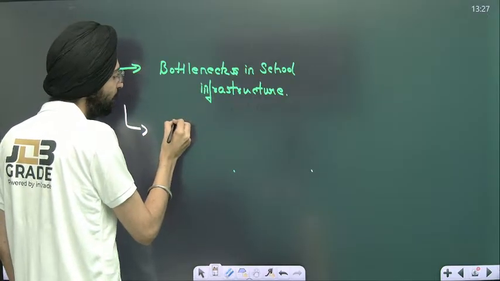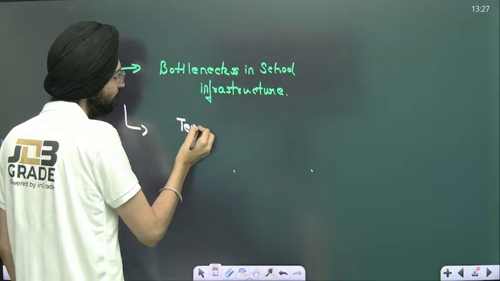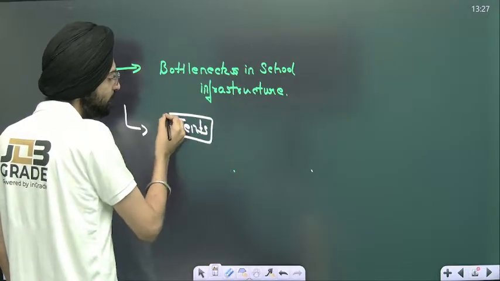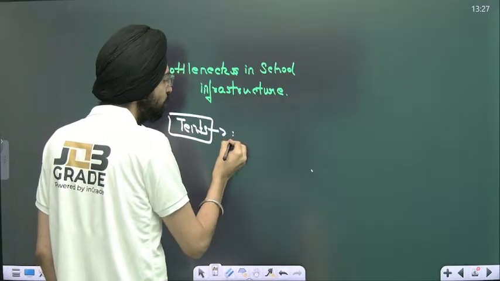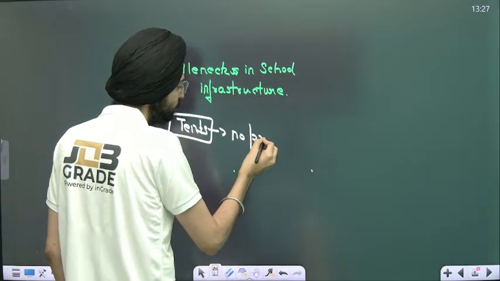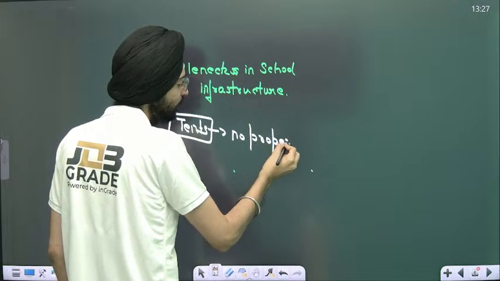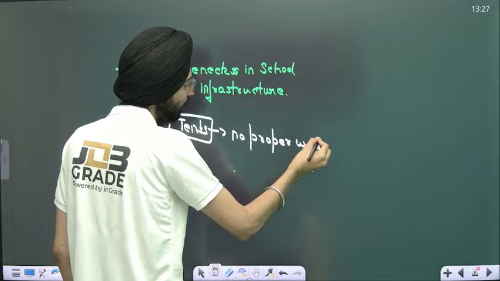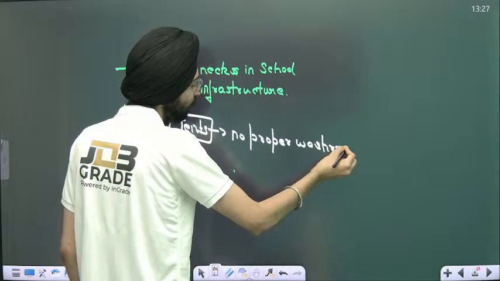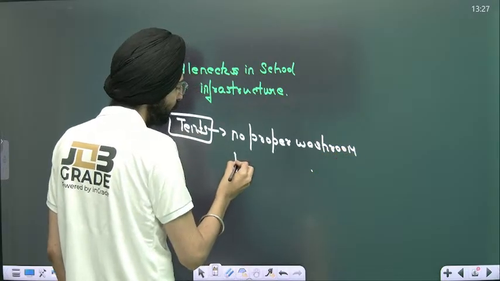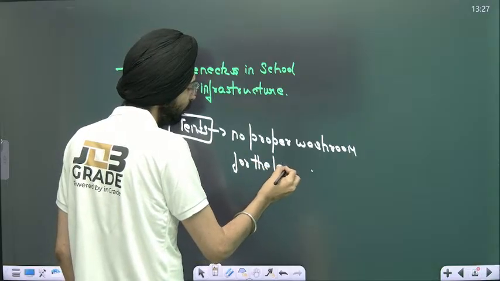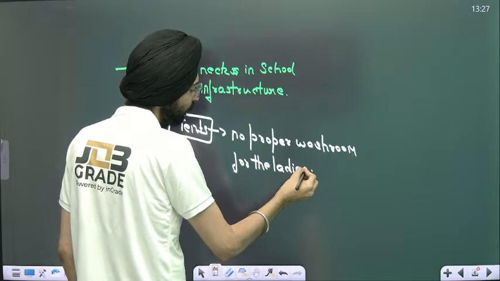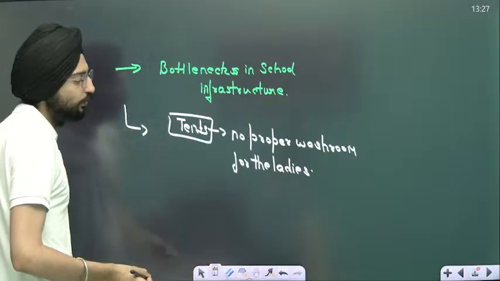A lot of schools are operating in tents, open tents. Now the point with tents is, there is no proper washroom for the ladies out there. There is no proper washroom for the ladies.